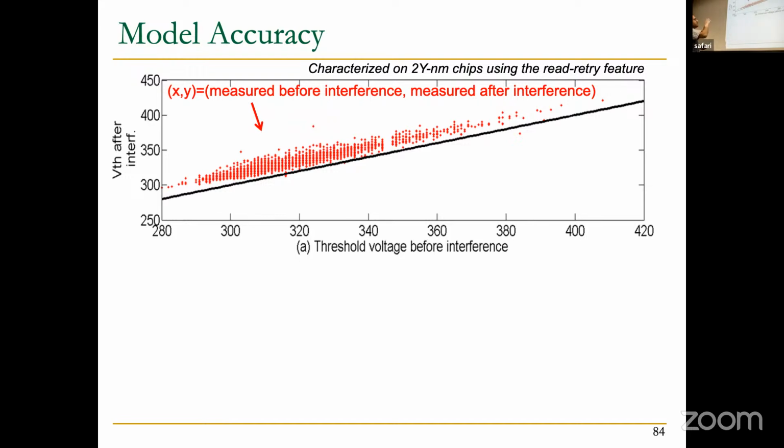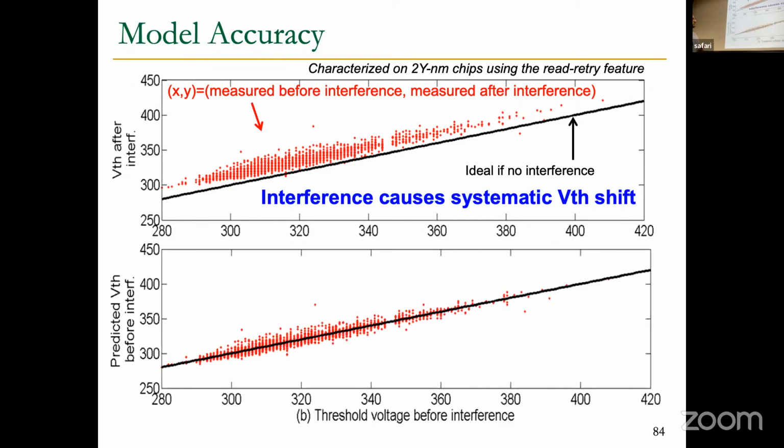But what we observe in reality is different. You can see these red dots show that we have some changes when we write to the flash, as a result of interference. But the good thing is that the regression model we designed can predict this behavior, and with that modeling we could predict what the threshold voltage will be.